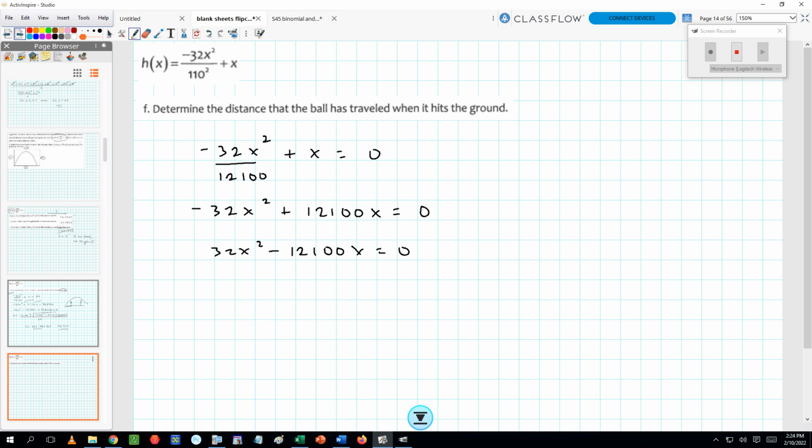Now to solve this, I'm going to factor out an x really quick. I could factor more, but the directions weren't to factor, it was just to solve. You're going to get x is equal to 0. It was 0 when the ball was initially on the ground. 32x minus, and then I'll solve this by adding the 110 squared over and dividing it by 32.